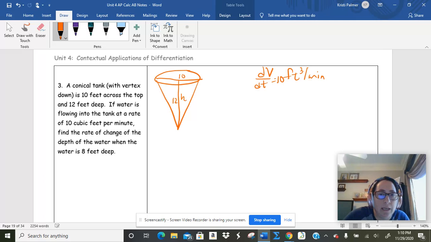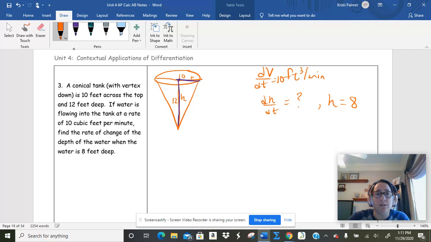I'm going to call this H, and then we have this R we're going to have to talk about. So find the rate at which the depth of the water, that's dH dt, is changing when the water is 8 feet deep. So I'm labeling everything that they're giving me right now.